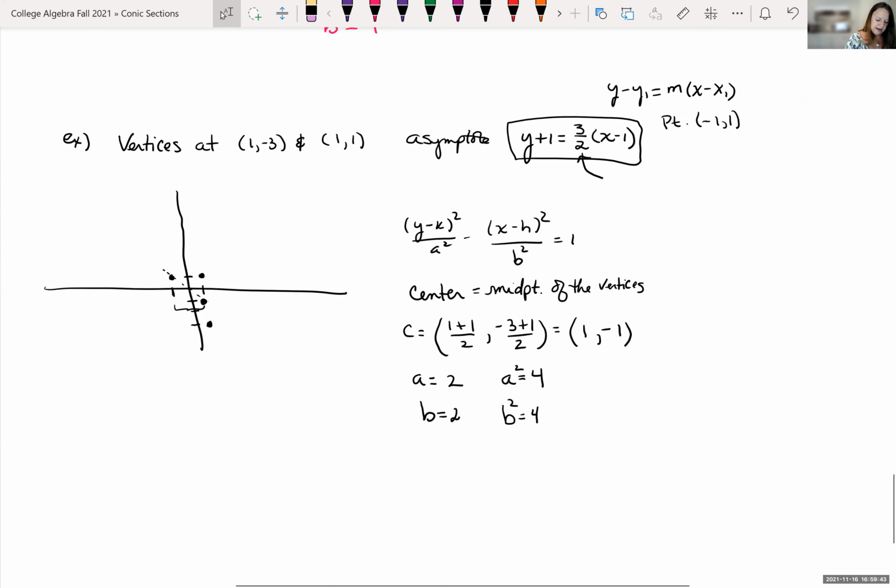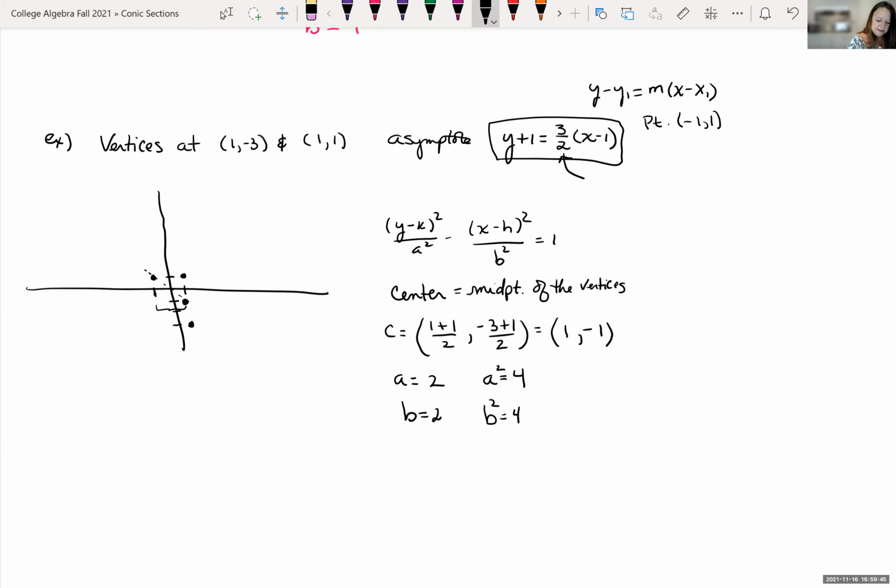Let's just look at it. Let's put this in the y equals mx plus b form. So we have y plus 1 right now equals 3/2 x minus 3/2. If I subtract 1 on both sides, I get y is equal to 3/2 x minus 1, so minus 2/2, this is minus 5/2.